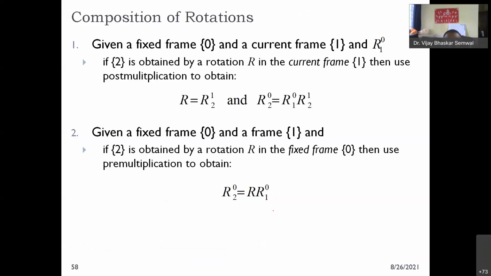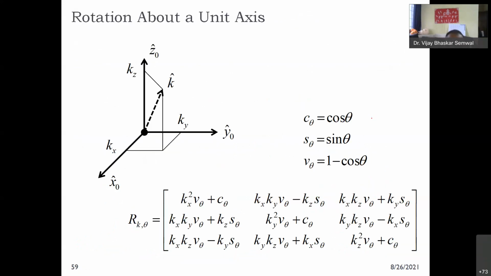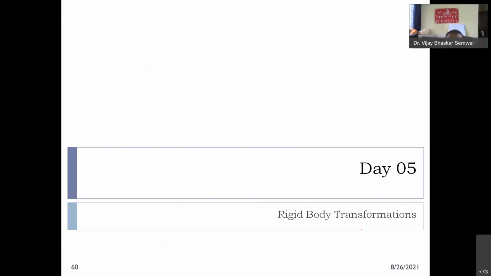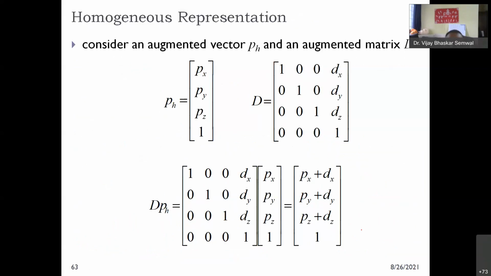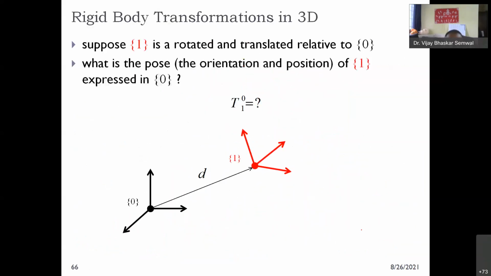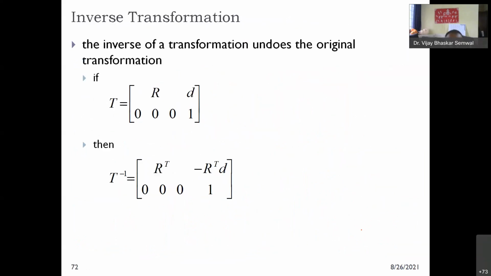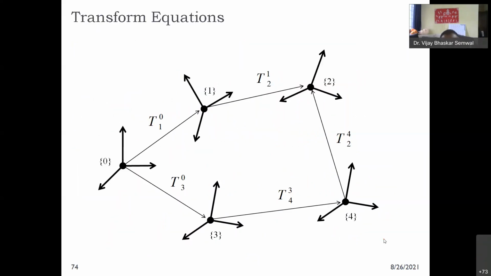So many times you have multiple rotations. Suppose you have to see the frame 2 position with respect to 0. So first you will see the rotation of frame 1 with respect to 0, and then 2 with respect to 1, that you can see. Okay, now you see that matrix, rotation around XY axis. Okay, this is translation. Okay, I will show that rotation matrix.